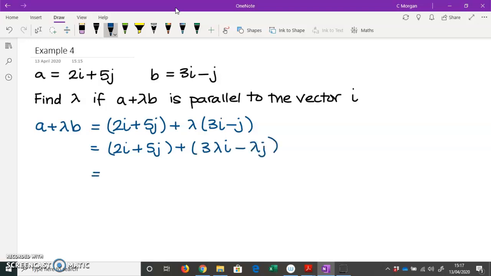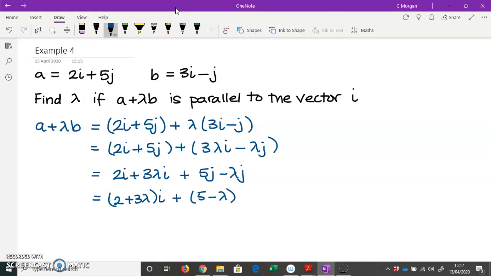I can't really add an awful lot together, but I do know that all the i's can be written together. And then I do know that the j's should be written next. I can now factorise by seeing that I've got 2 add 3 lambda lots of i, and I've got 5 subtract lambda lots of j.